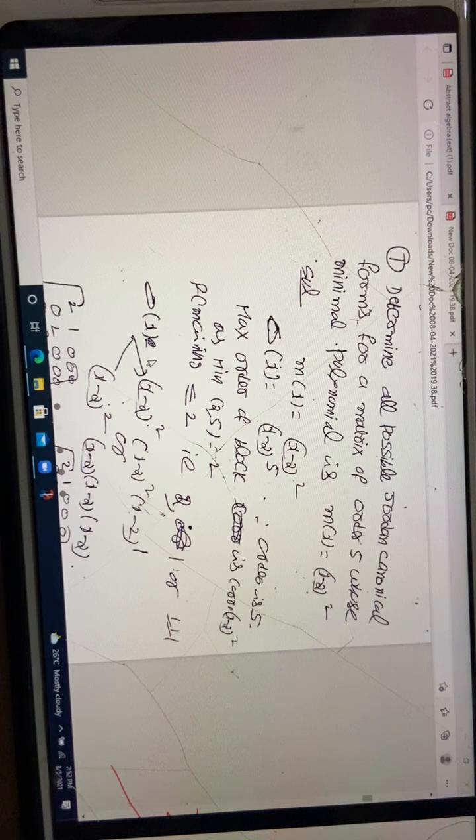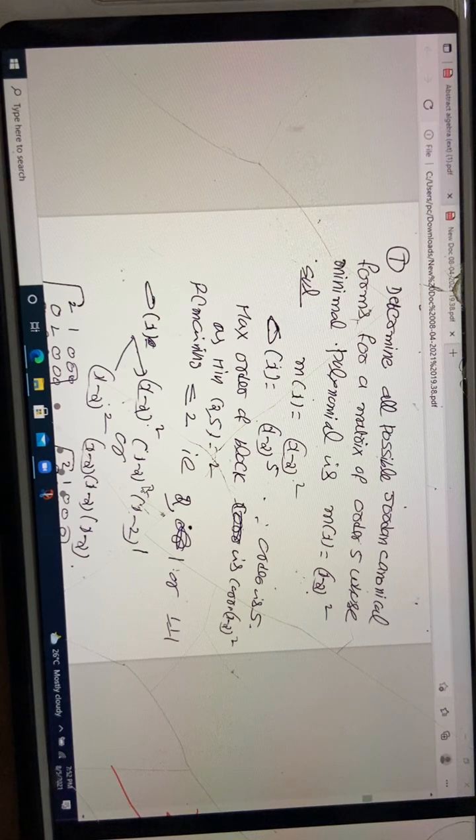So delta x, how to split the characteristic polynomial? We have to split the characteristic polynomial based on the minimal polynomial. So what should the blocks be? One block should be of order 2, the maximum order should be 2, and the remaining can be either equal to 2 or less than 2.